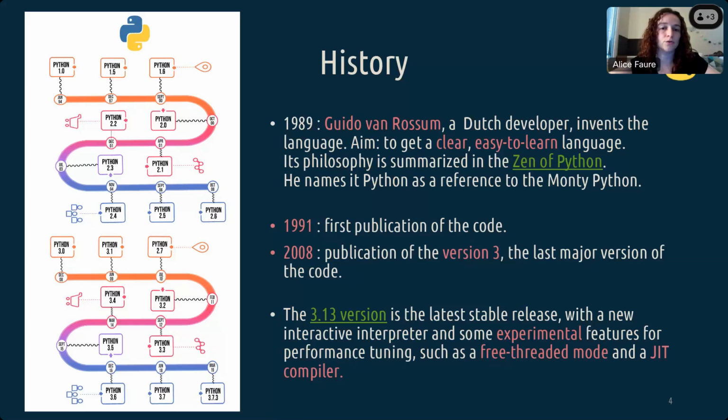I think you have the slides on the Gray Scott website, so you can click on the link. Right now we are at version 3.13, which is the latest stable release. We are still at major version 3, which was published in 2008, so a long time ago. In this 3.13 version, there are some experimental features for performance tuning, such as a free-threaded mode and a JIT compiler that you can test if you're interested.